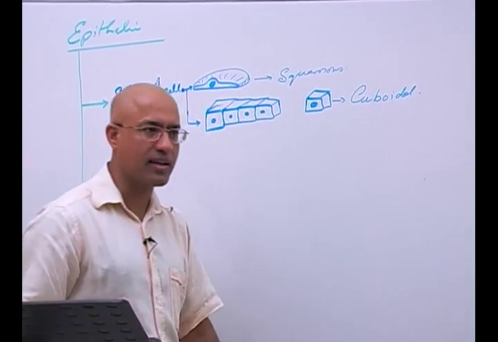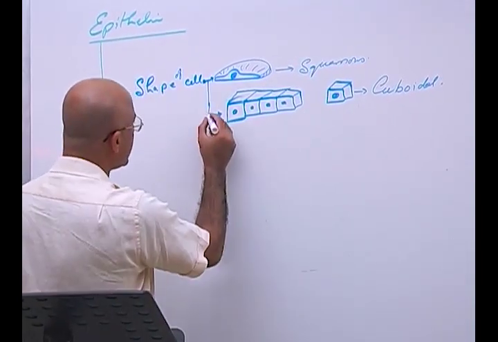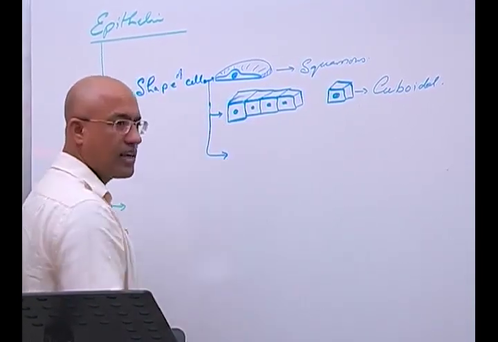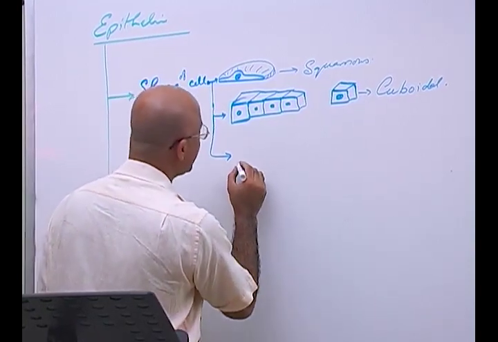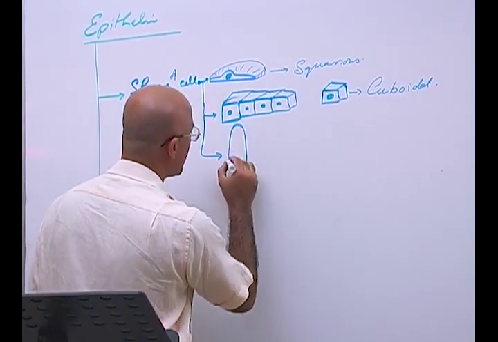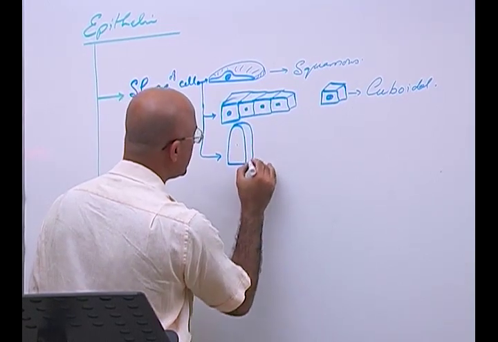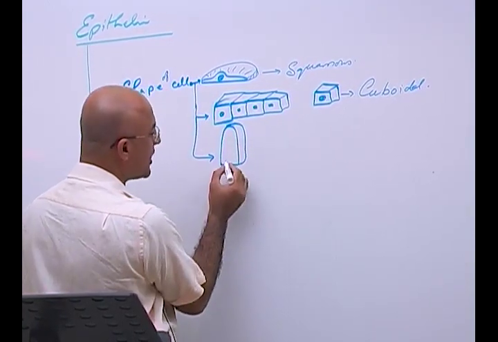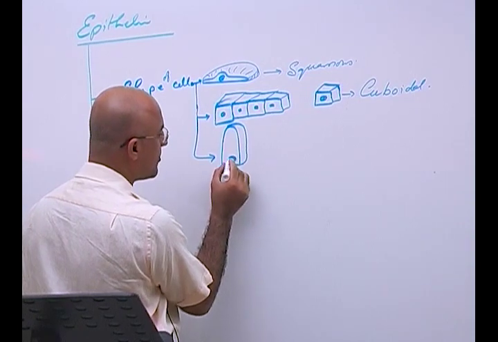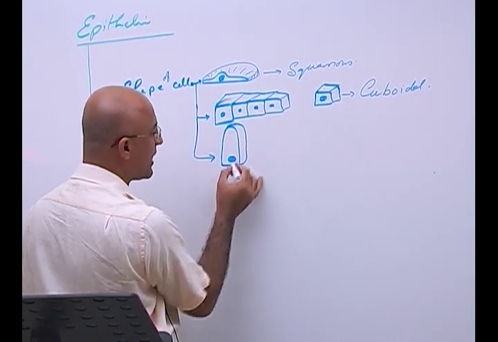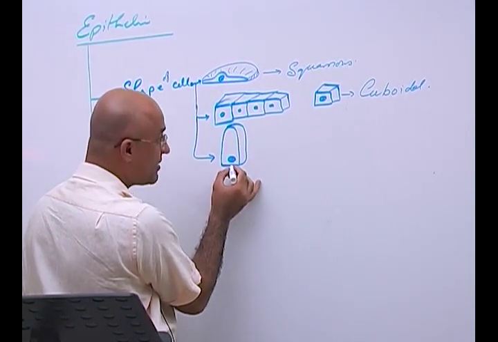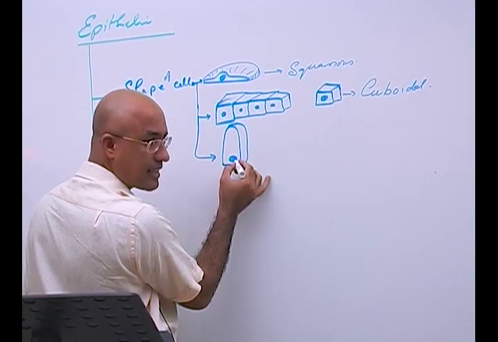Cuboidal epithelium. Then in some other epithelia, cells are very tall, and in these epithelia, the nucleus is near the basal area. This is the apex of the cell, this is the base of the cell, and the nucleus is pushed near the base.